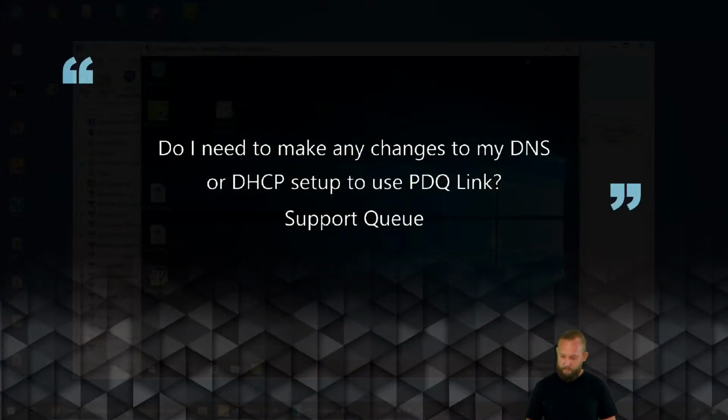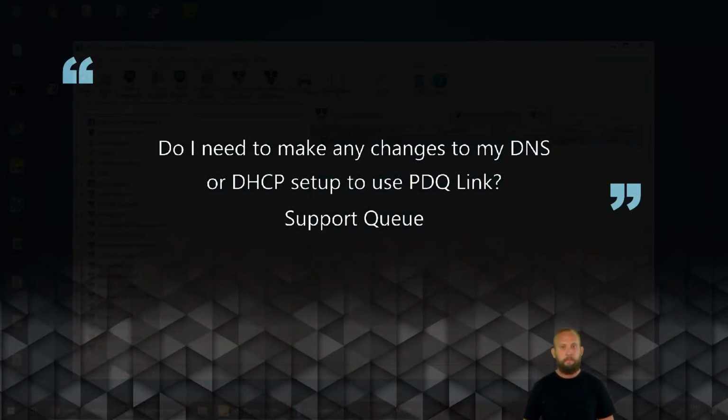Dear Josh, this is actually a similar question, but do I need to make any changes to my DNS or DHCP setup to use PDQ Link? This came from the support queue. Oh, the answer is no. That's actually one of my favorite things about Link. If you're using other VPN providers, you typically have to worry about things like DHCP relays, or making sure that DNS updates are happening.